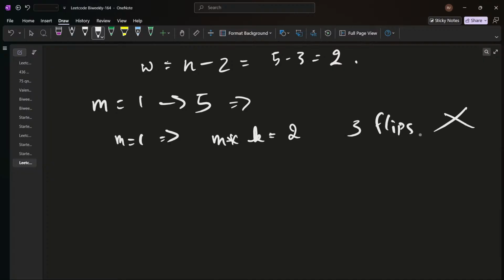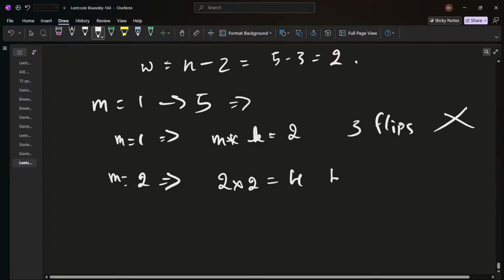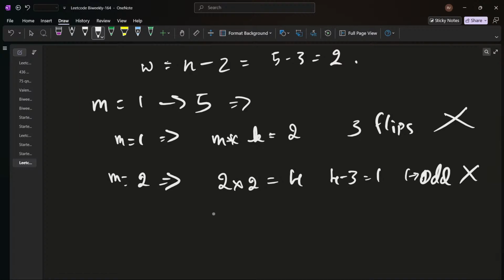So this fails. M is equal to 2: 2 into 2 is equal to 4, and 4 minus 3 equal to 1 extra flip. 1 is odd. If it's odd, again it won't work.